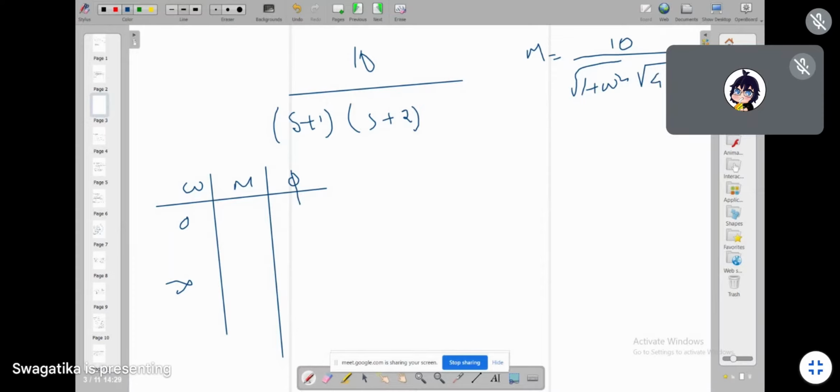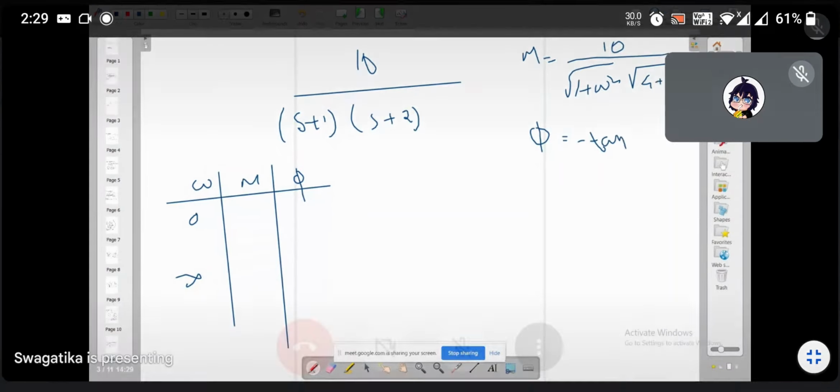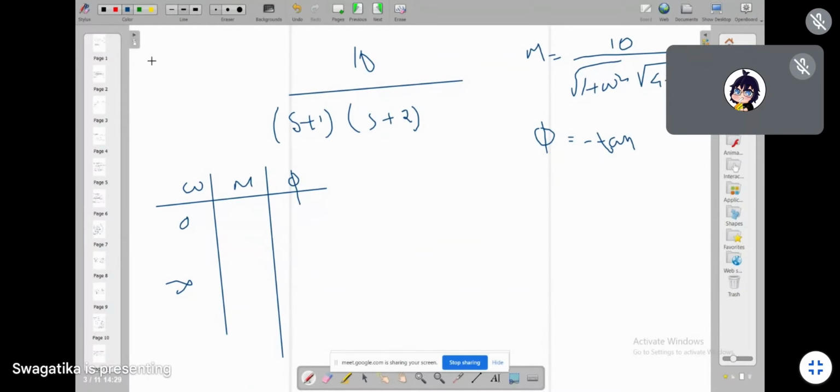Whether it is correct or not, tell me. And the phase will be, constant is there. Yes. This is a complex number. Find out, search on Google how to find out the magnitude of a complex number.